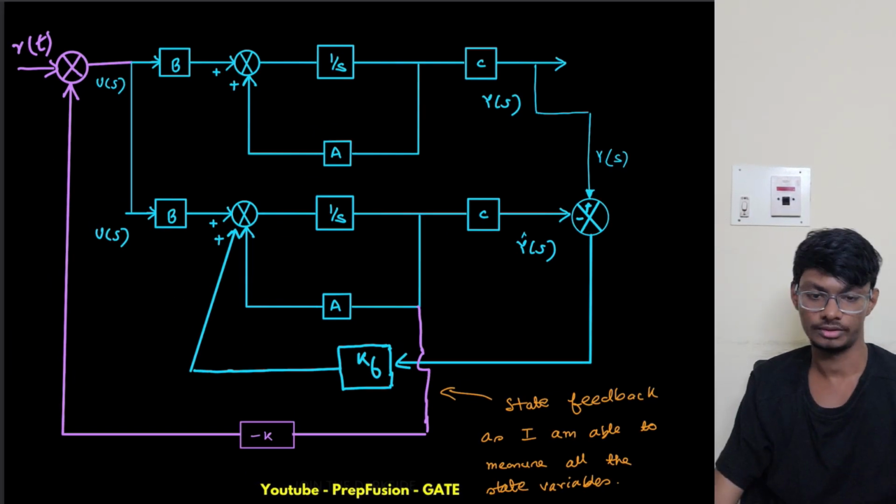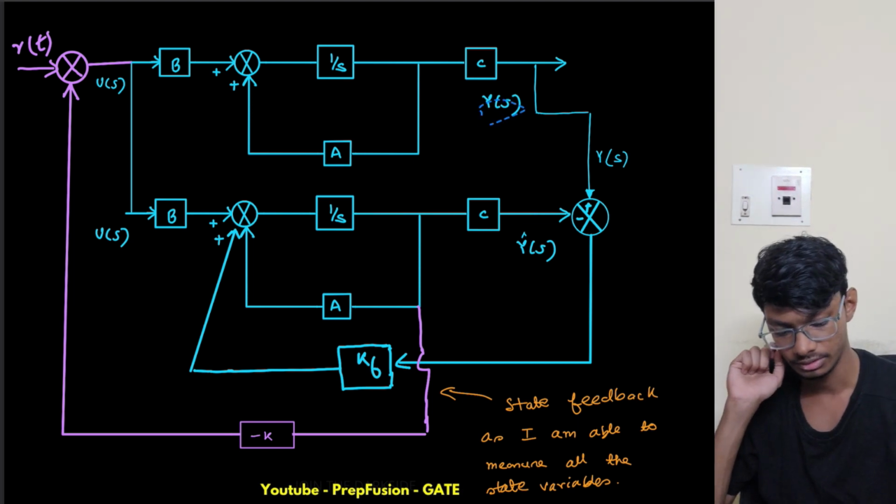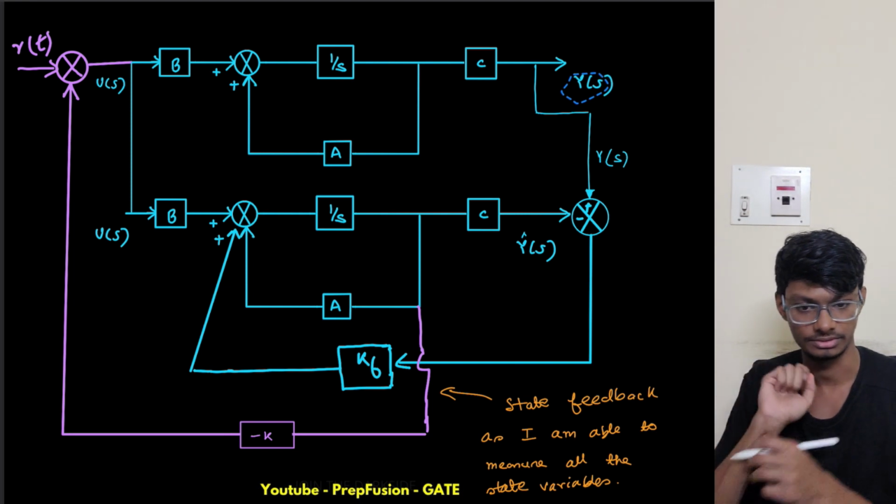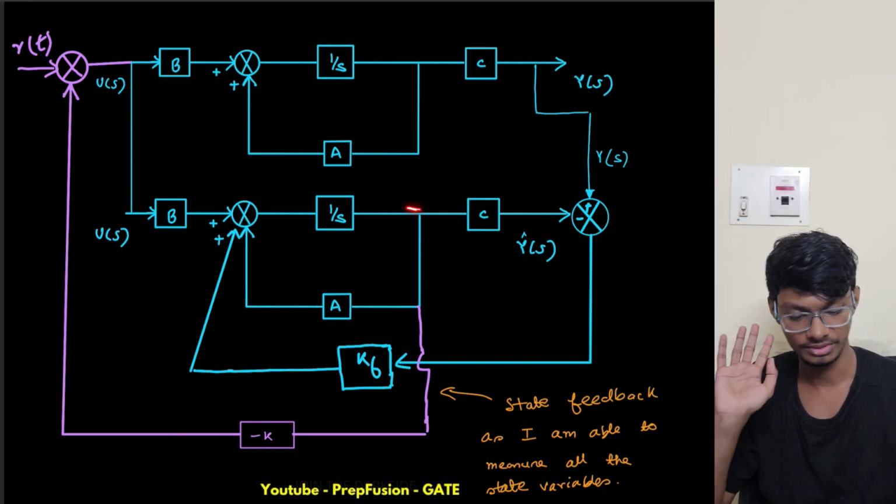Okay, so this is the thing that we are doing. And now you might ask how am I able to measure all the state variables? This is the state feedback that we know basically.